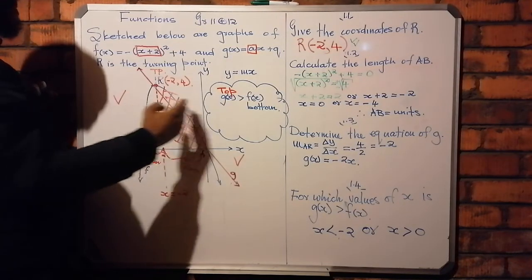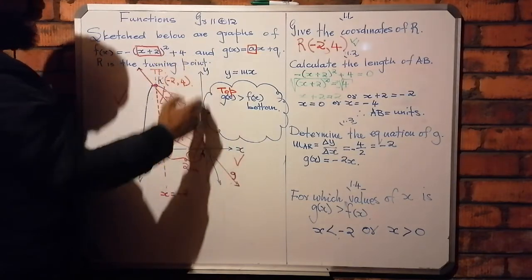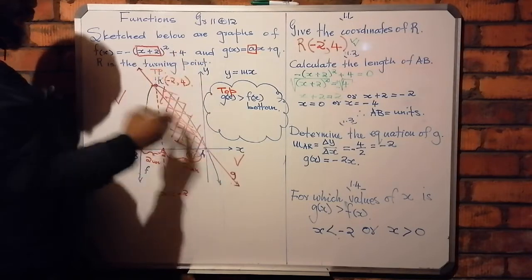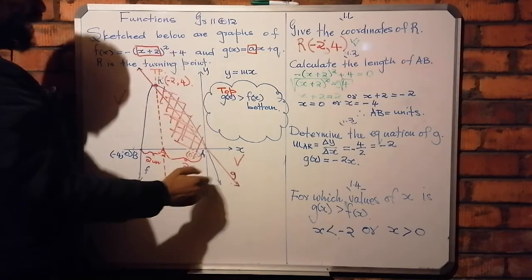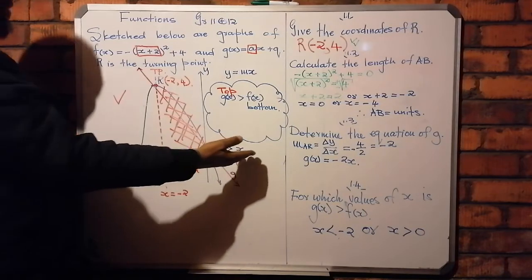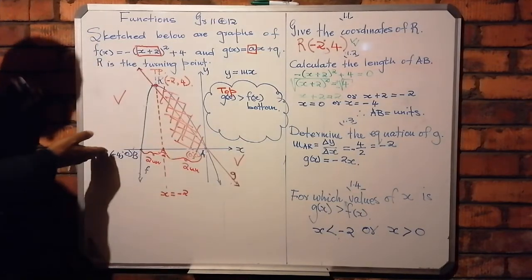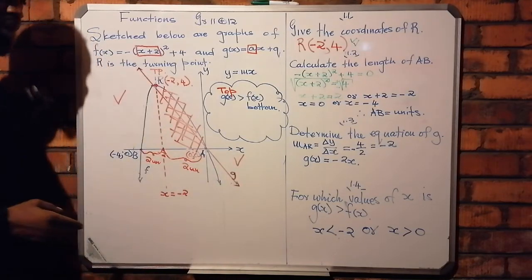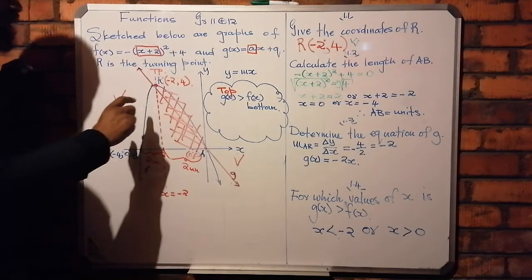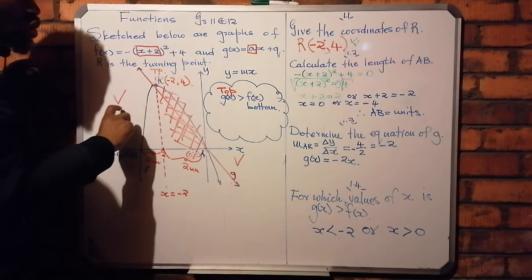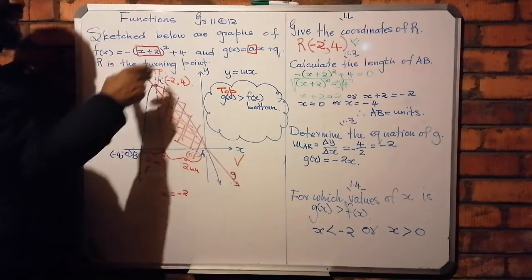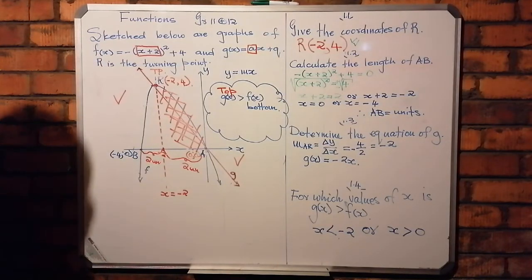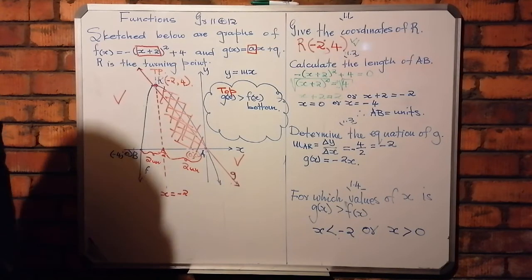Reflection, I'm talking about reflection about the line x equals 0. Reflection about the x-axis, which is the line y equals 0. And another thing, be able to translate horizontally and vertically to the left and right. I will do a question on that particular one, folks, next time.